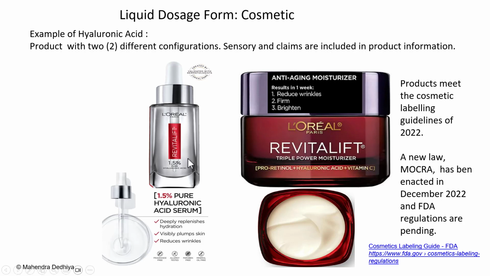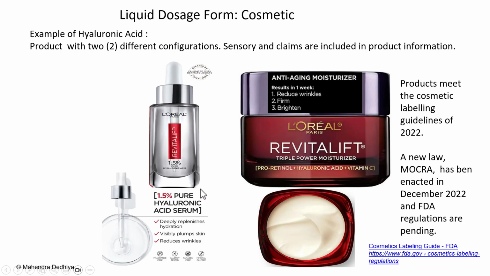In comparison to that, cosmetic labels are not required to be approved by FDA. Example here is hyaluronic acid. Product with 2 different configurations are shown. In general, cosmetic labels contain sensory and claims on the product information.